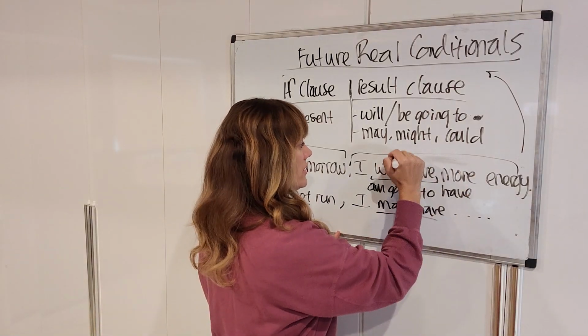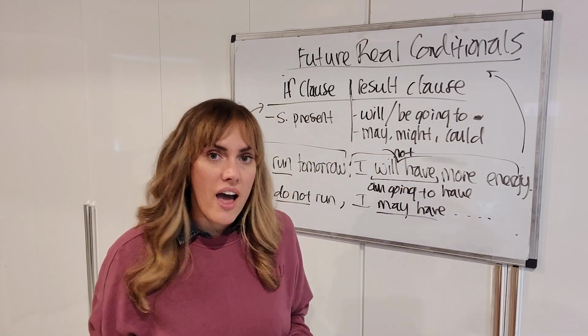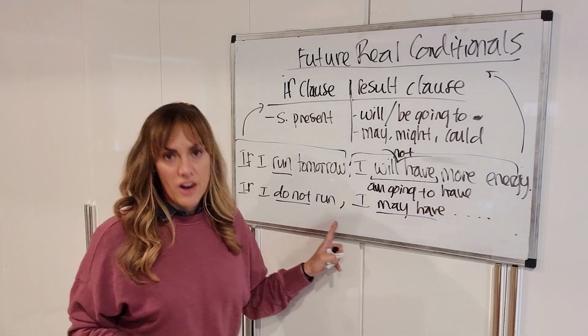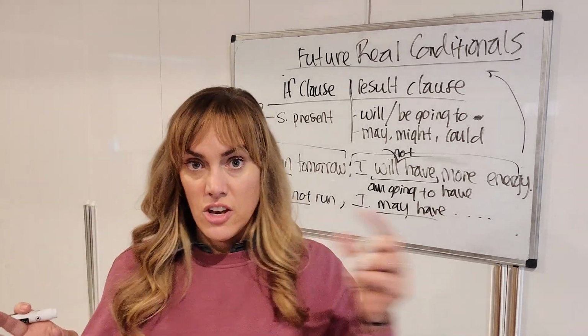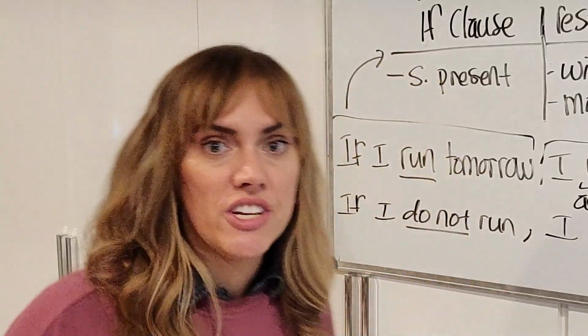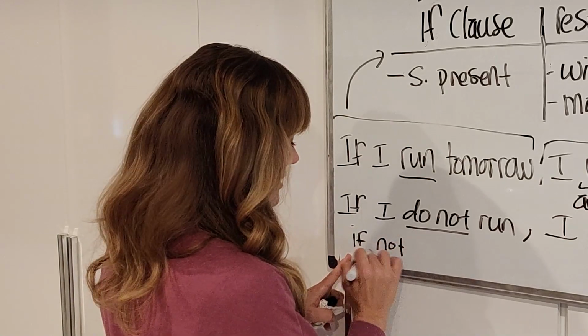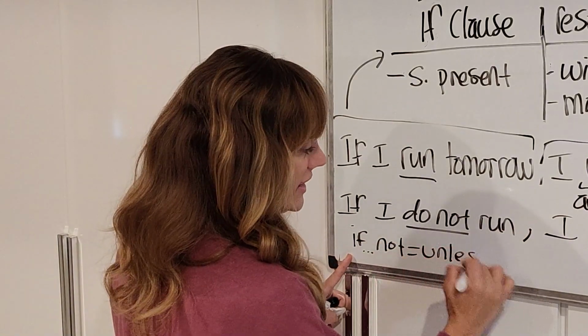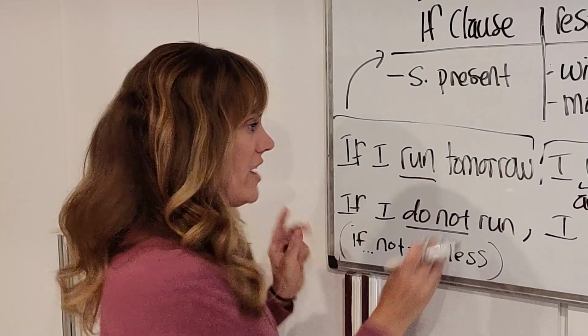I will not have more energy. I may not have if I do not. Now, another way to say if not is to say unless, which is a great word to know. So if not equals unless. So try to use that. Let's look at how we can do that.